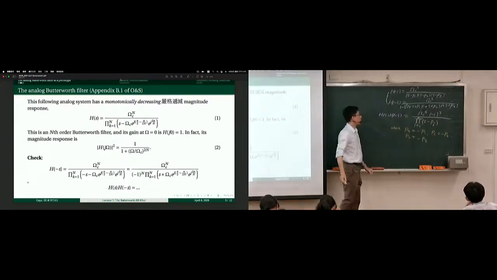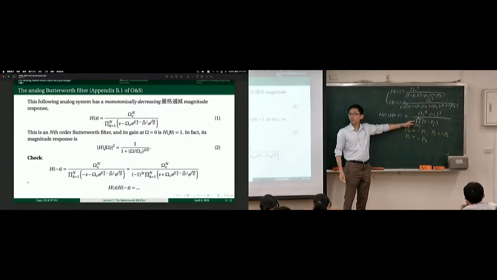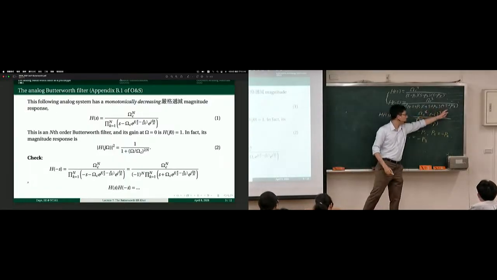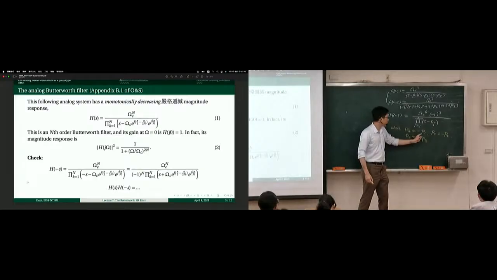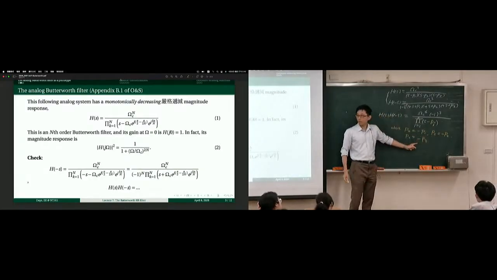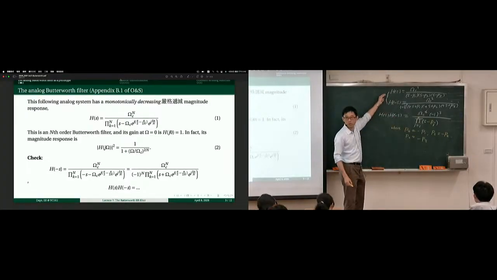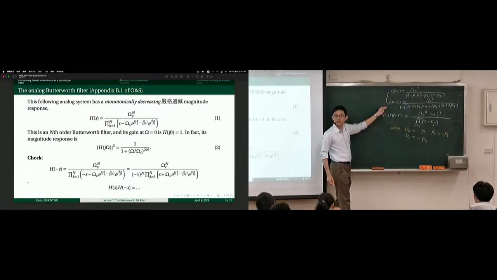So we have a 6th order polynomial of s with 6 roots being p1, p2, p3, and minus p1, minus p2, minus p3. Can we agree on that? Simply by multiplying the two terms.